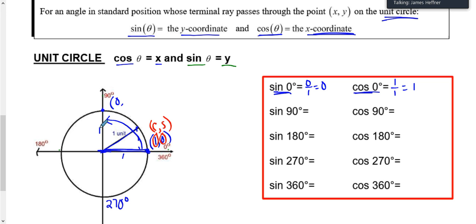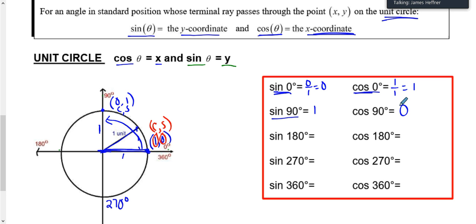It would be 0 comma 1. Cosine comma sine. So for 90 degrees, what is the sine of 90 degrees? It would be 1 over 1, which would be just 1. What about the cosine of 90? It would be 0. Look at the coordinates you just worked out.